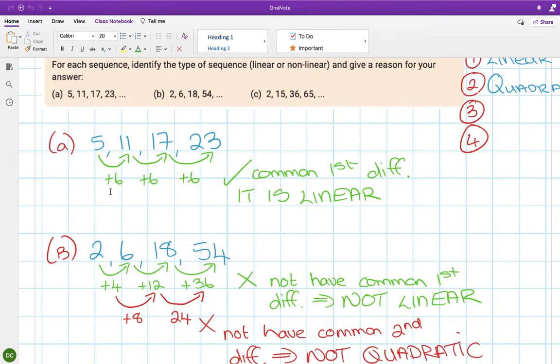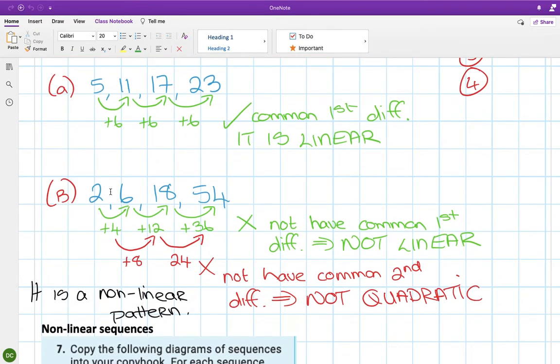Okay? So for that one, the best we can do is say that it is a non-linear pattern. Okay? It's not a quadratic pattern, but it's definitely not linear. So it's some other type of non-linear pattern. Okay, so that's the best we can do for that one.